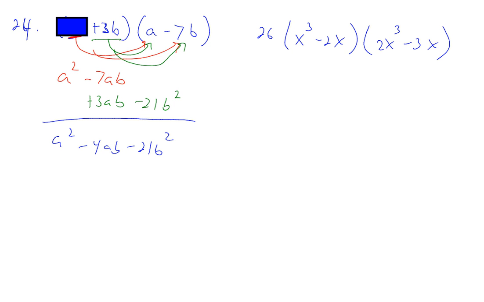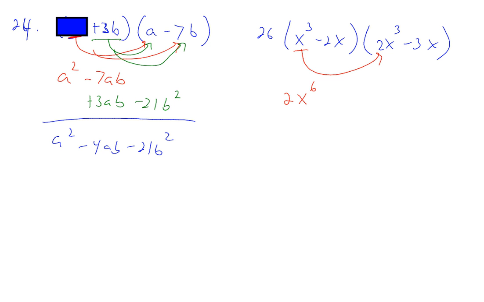All right, on the second one, you have to be careful here. You've got a lot of x's. X cubed times 2x cubed is a 2x to the 6th. Do not get confused between adding like terms and multiplying.